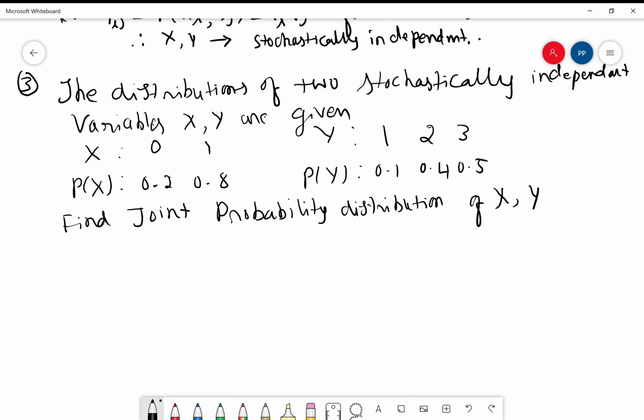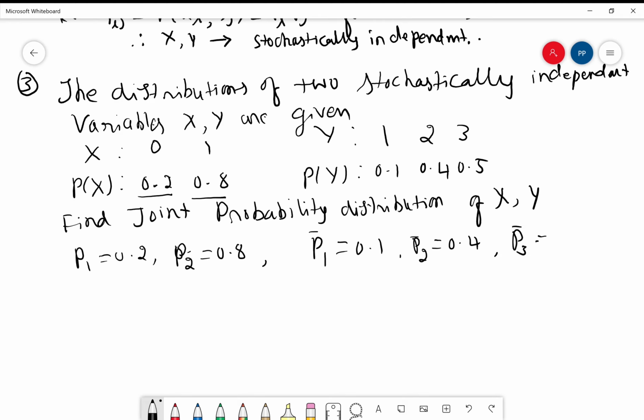From the given data, this is nothing but P1, 0.2. This is 0.8, which is P2. Now P1 bar is nothing but 0.1, P2 bar is 0.4, and P3 bar is 0.5. Now you have to find six joint probability values.